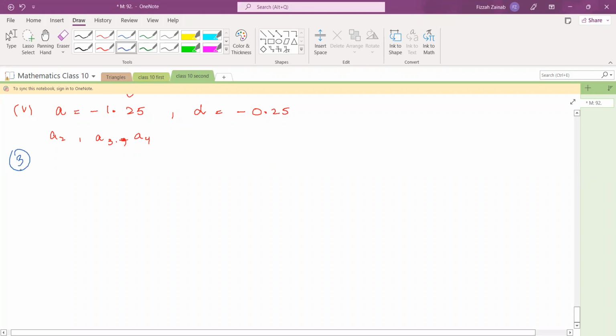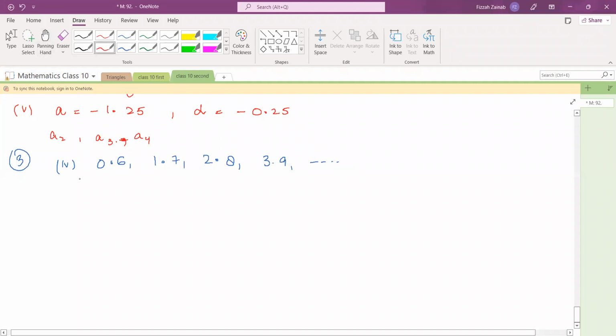You will complete it. For the following APs, this time it is already given that it is an AP. So let me take the fourth part: 0.6, then 1.7, then 2.8 and 3.9. This is the given AP. You have to write the first term and common difference.